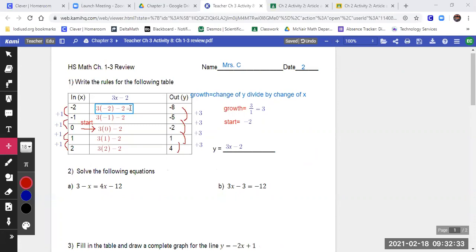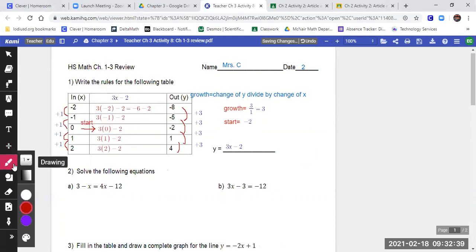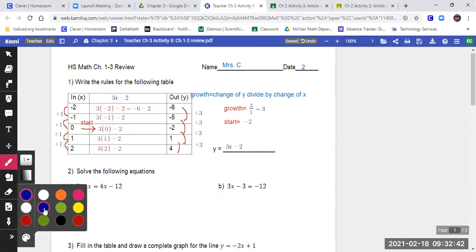So this is saying -6 minus 2 more. Did that get us -8? Did -6 minus 2 more get us -8? Because that's what this is saying, right? Is that -8? Yeah. So that one worked. Check.